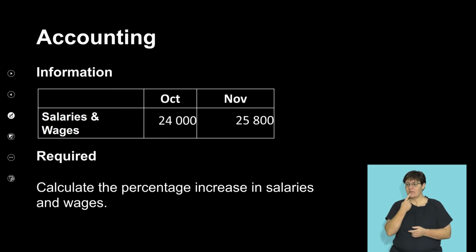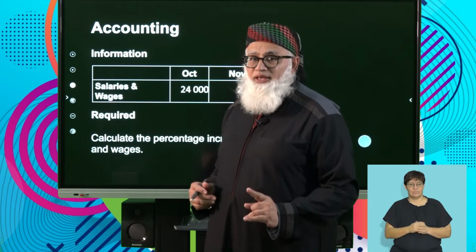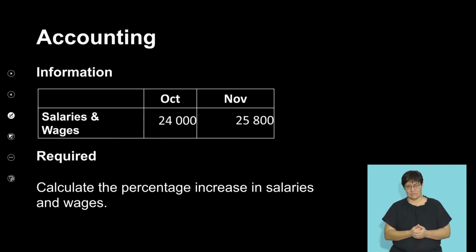Okay, next one says, here's our information. Our wages and salaries, it says calculate the percentage increase in salaries and wages. Okay, now you can see this is almost similar to the one that we alluded to in the previous segment. But anyway, let's do this together, right? What do we do?